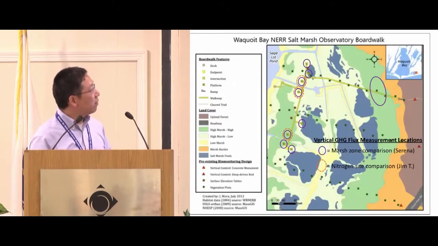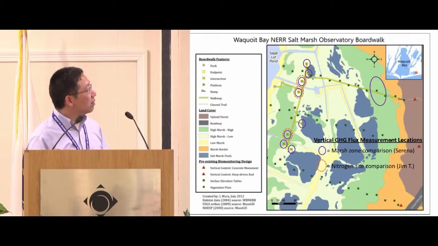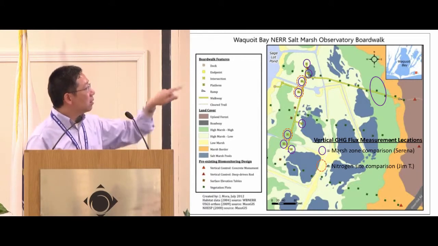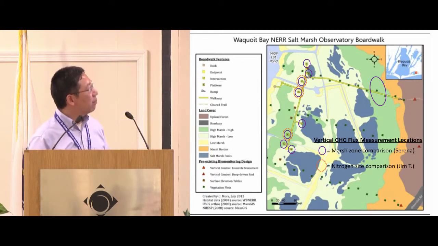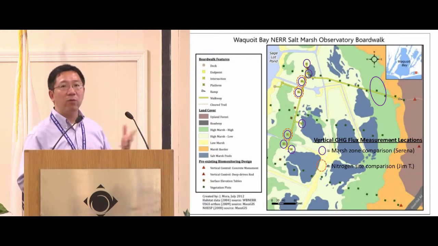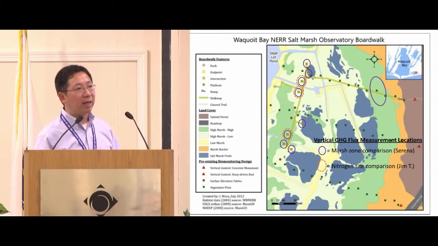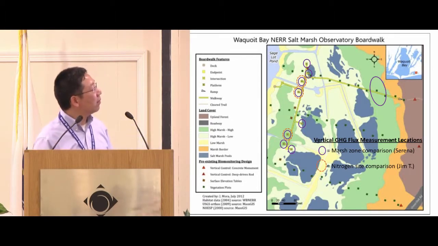And we designed a very sophisticated, very good boardwalk all the way across the site. We selected sub-plots and made plot-based measurements of the greenhouse gases. We made bi-weekly measurements across 1.5 to 2 years, and in the winter season, about monthly measurements of the greenhouse gases across the system.